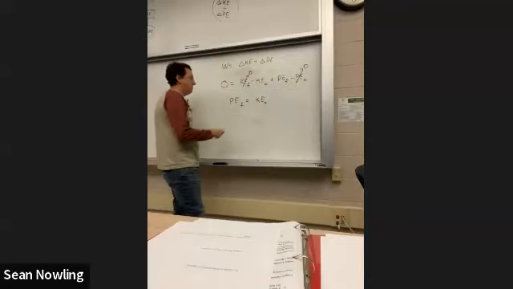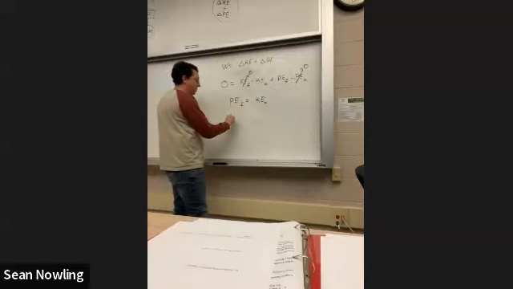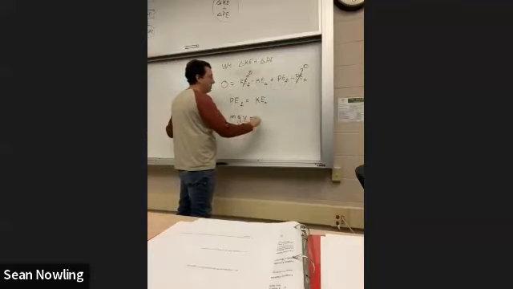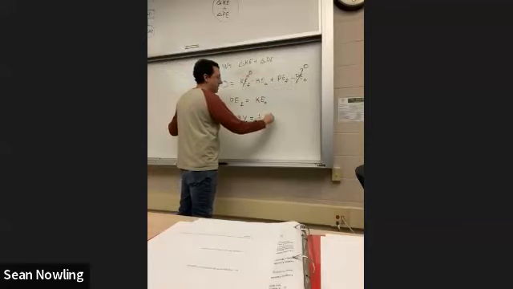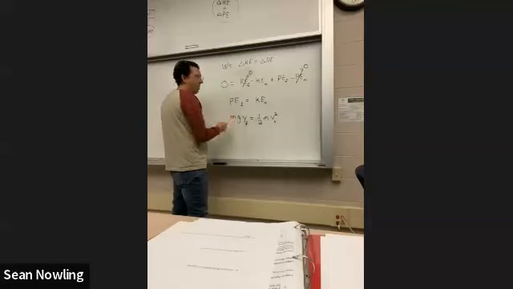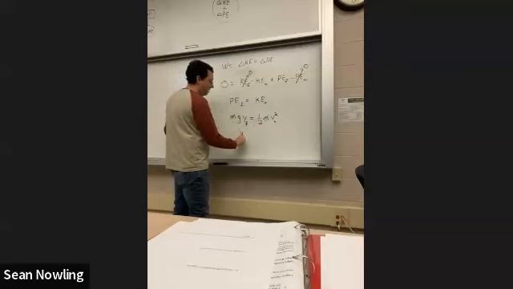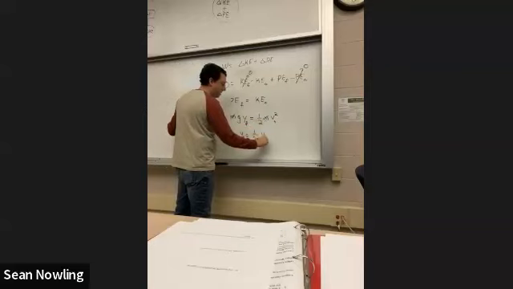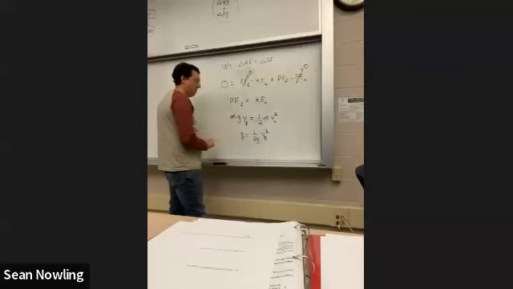Now I have to use my formulas. So I would say m times g times y final equals 1/2 the mass times v initial squared. Again, I remember I said that the mass doesn't matter because it cancels from both sides. And I get that y final equals 1/2 times, dividing both sides by g, times v initial squared.